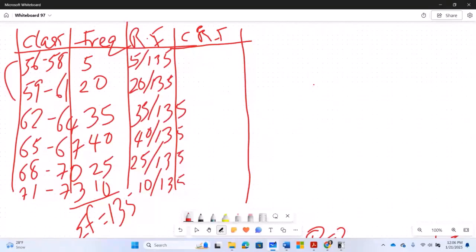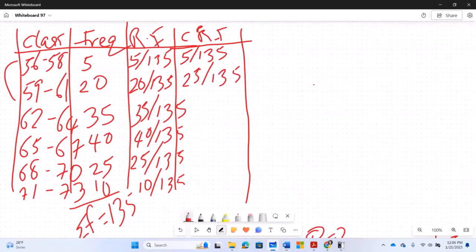In cumulative relative frequency, you cumulate the frequency of the class you are in plus the ones above. There is no class above the first class, therefore, the cumulative relative frequency of the first class is 5 out of 135. The cumulative relative frequency of the second class is 25 out of 135.